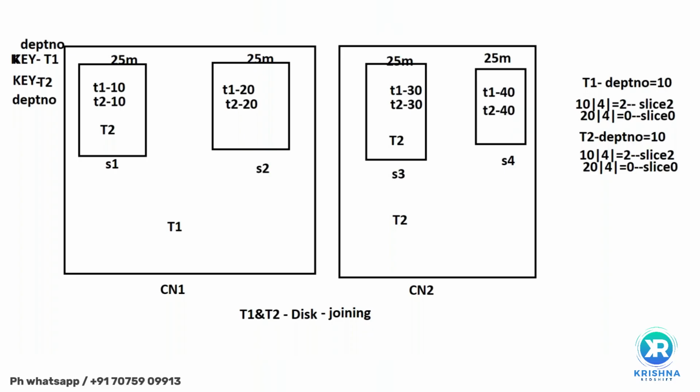Let's say they went for some anniversary celebration or outing, to a 5-star hotel. They booked 50 rooms, and the employee table should be distributed across the 50 rooms.